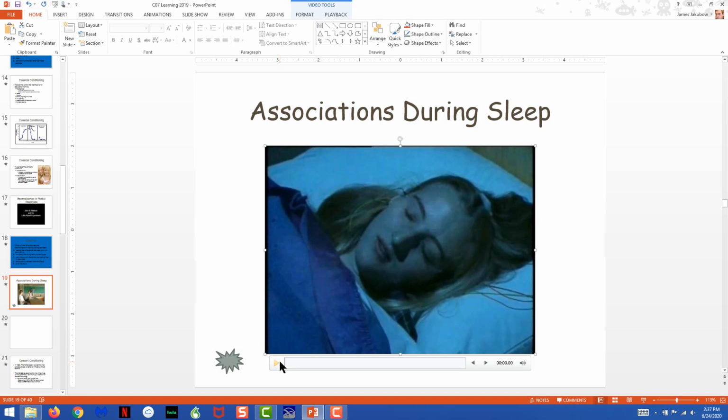It's related to the sum of all of the associations you make, whether you are awake or asleep, because you can never turn off your sensory system, and which of these associations are most relevant for you given the environmental conditions occurring at any one moment in time.